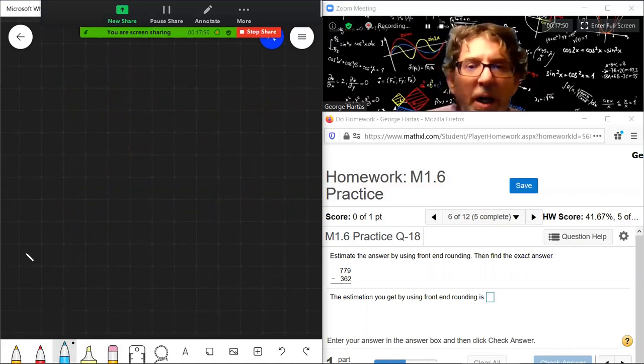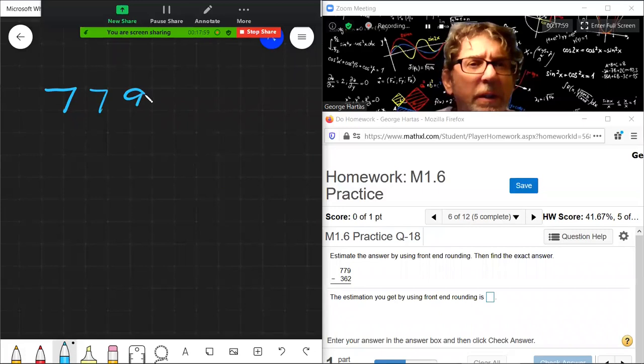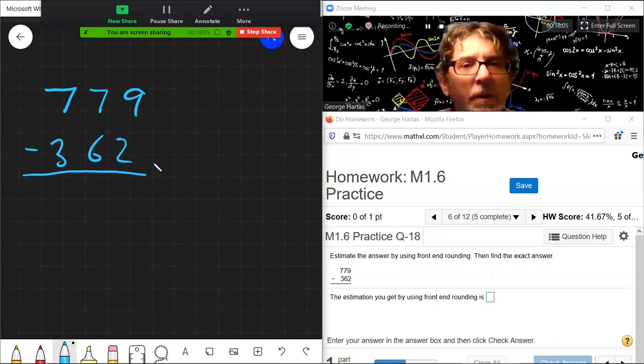Okay, now we have this concept called front-end rounding. So let's write these down: 779 minus 362. Now it says, estimate the answer by using front-end rounding.